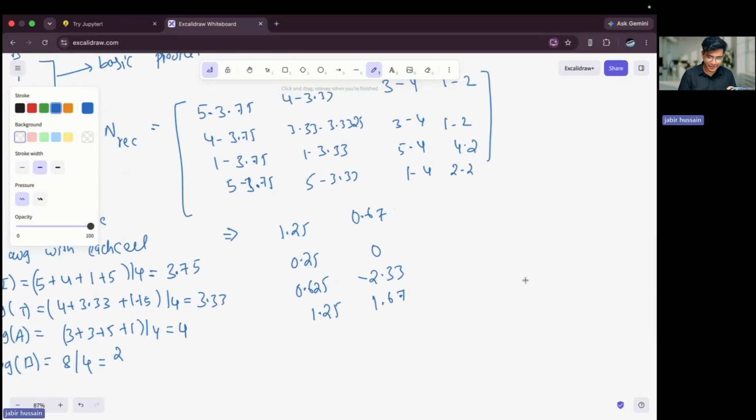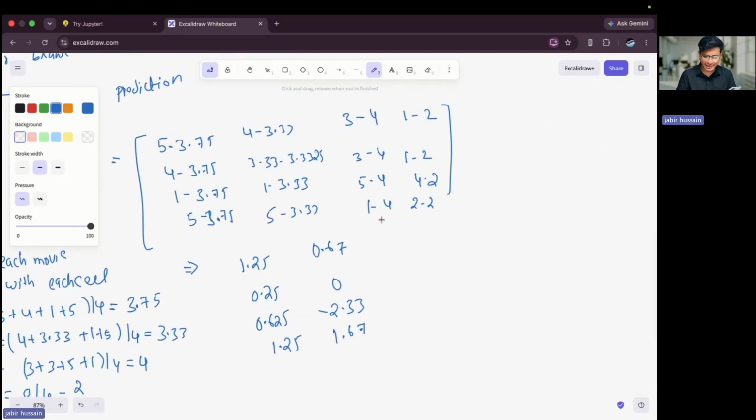I know it's going a little slow, but calculations are important. For Avengers we get minus 1, 0, 2, minus 3.